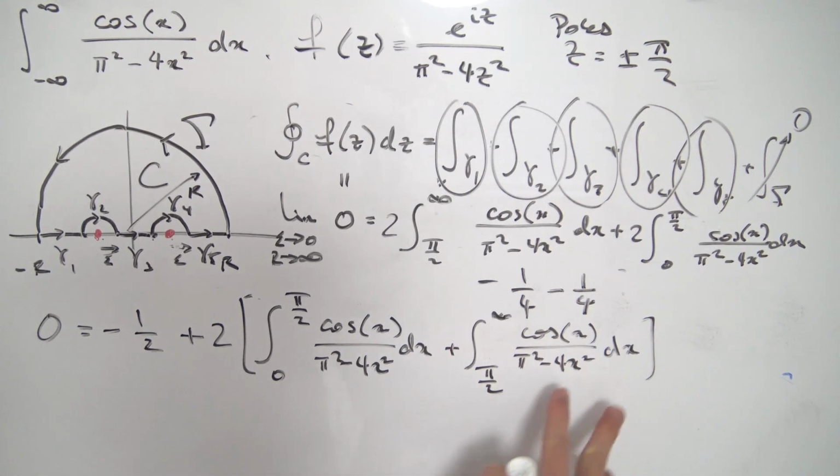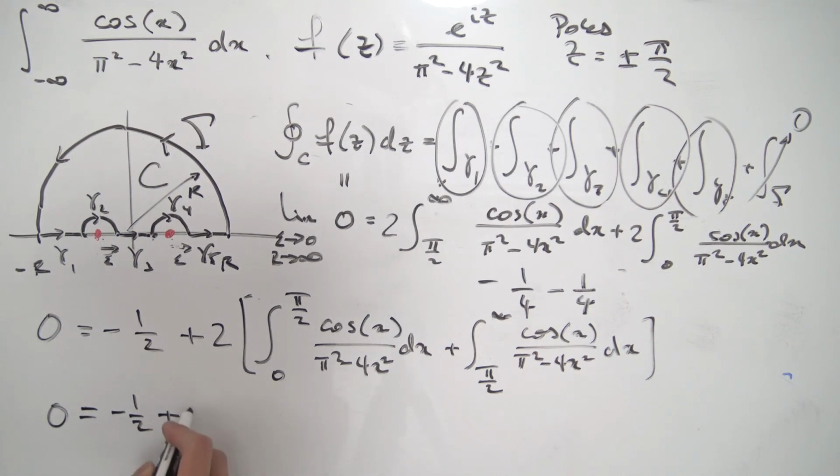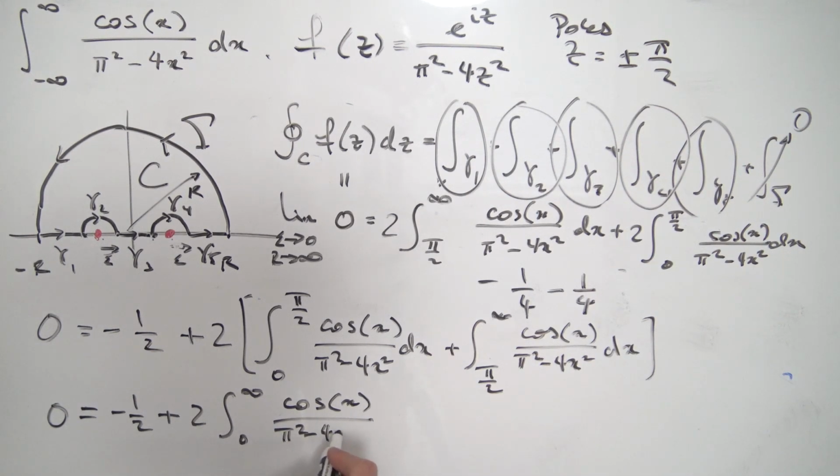And well, we have the same functions right here, we just have different intervals. And whenever you have that, well, just add the two intervals together, so we're going to have 0 is equal to minus 1/2 plus 2 times the integral from 0 to infinity of cosine of x over pi squared minus 4x squared dx.